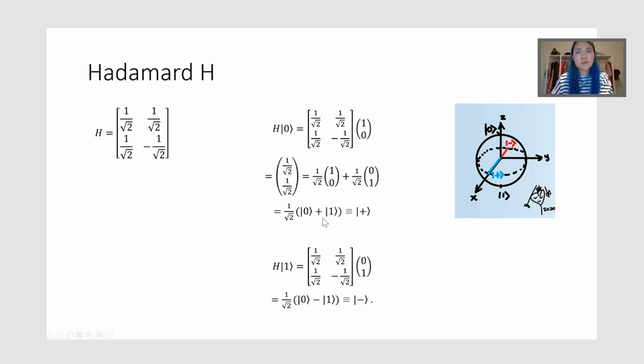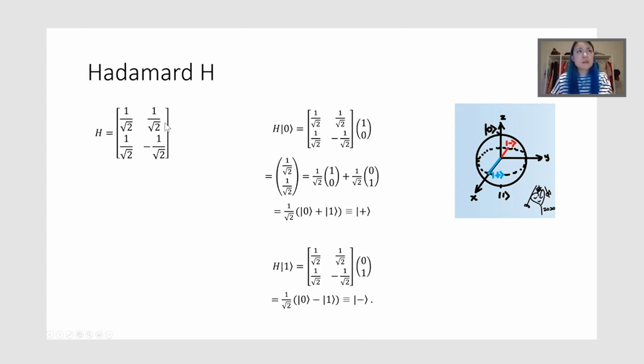It will become a combination of 0 and 1. If you start with 0, that's a special case in a qubit, which is the same as a classical bit. You get this into a superposition state that also has a 1 in it. If you start with 1, you do a Hadamard gate, you will also get a superposition between 0 and 1, but this time with a negative sign.